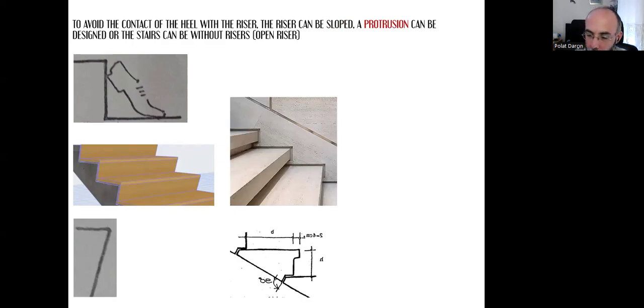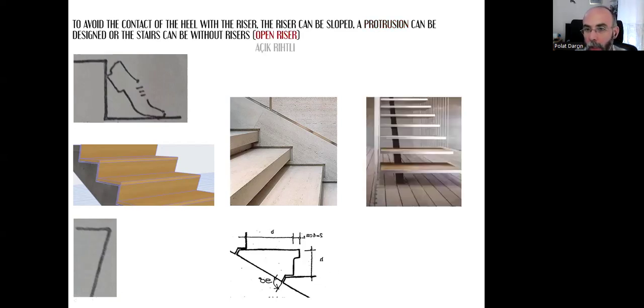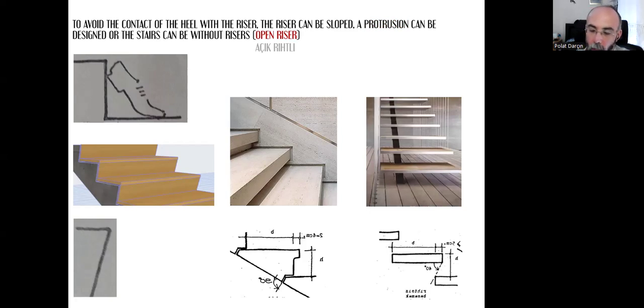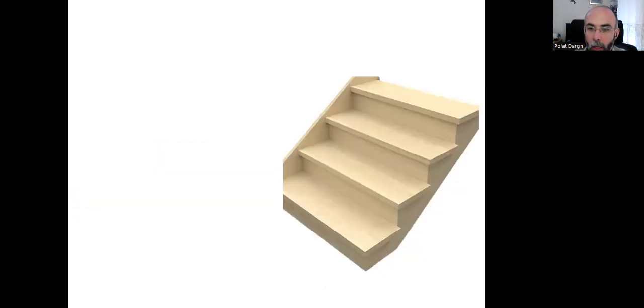It's not an inclined space, but there is a little bit of projection in the nosing part. So again, when the heel moves upwards, there is this space so that there's no risk of falling down. Or we can have open risers, açık rıhtlı merdiven. That vertical riser surface is absent. There is no surface there. These are three options that we can make.